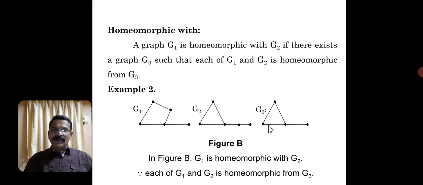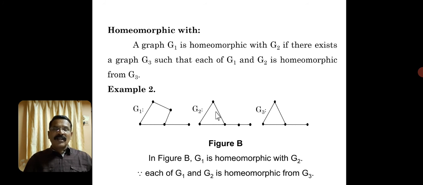So it's very clear. Therefore, a graph G1 is homeomorphic with G2 if there exists a graph G3 such that each of G1 and G2 is homeomorphic from G3. Very interesting. Here G1 and G2 both are homeomorphic from G3, so for that reason G1 and G2 are homeomorphic with each other.